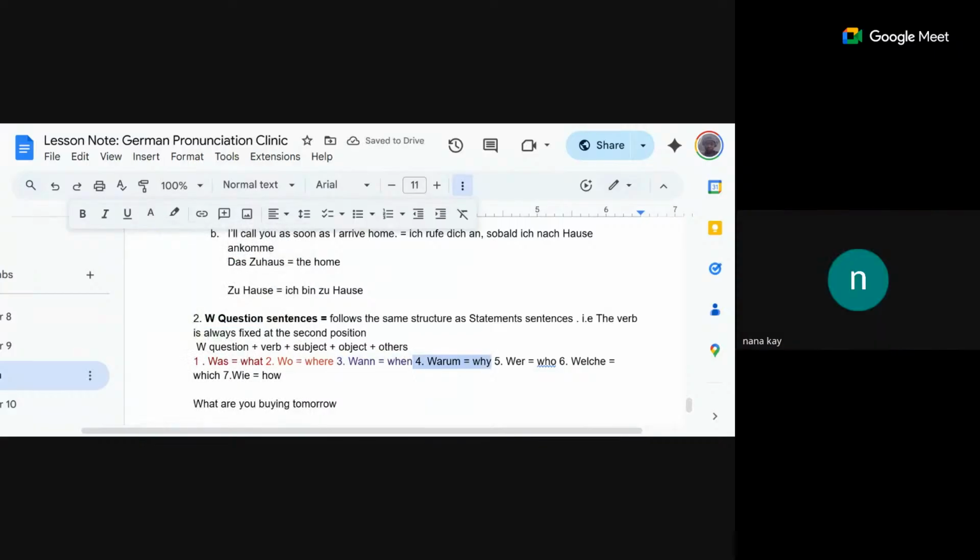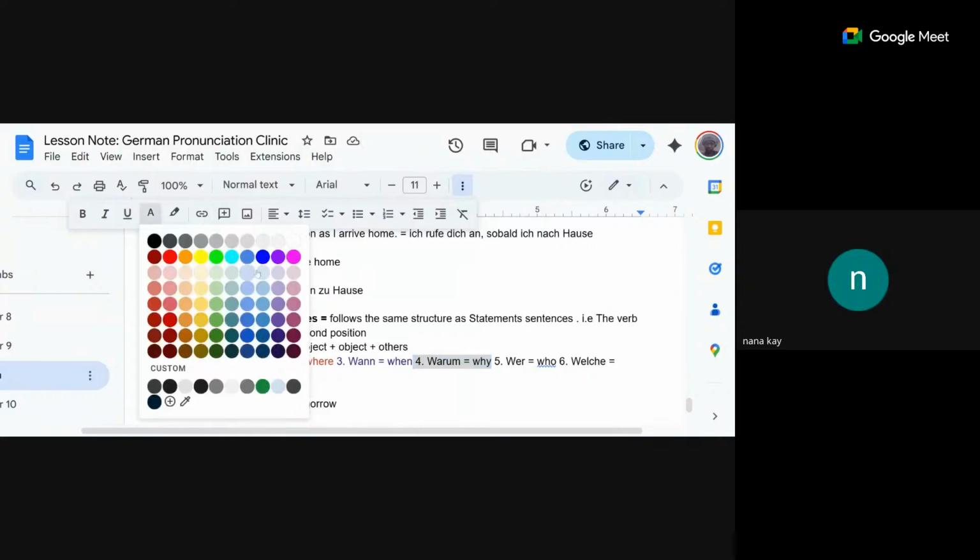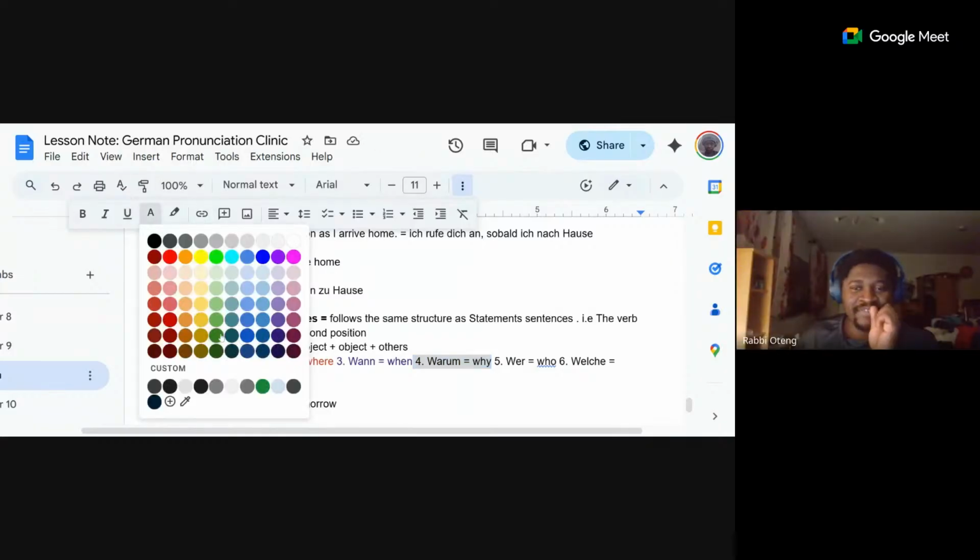That's the most important one. Because if you know "wer", you can understand the cases easily. The accusative, the dative, nominative, accusative.